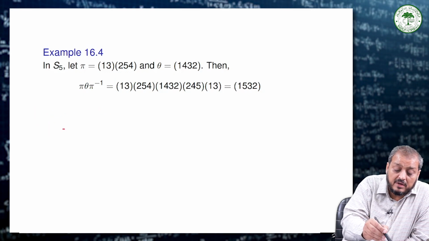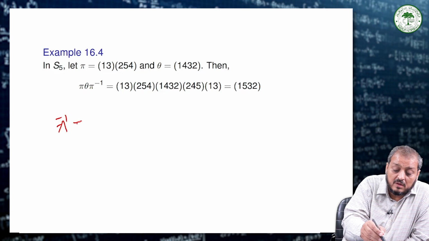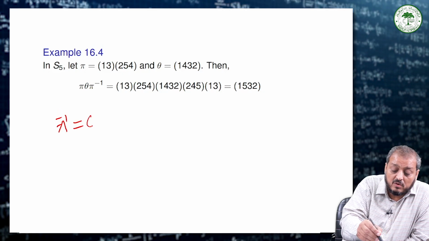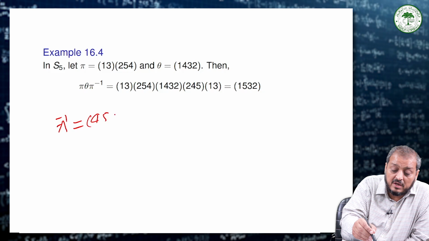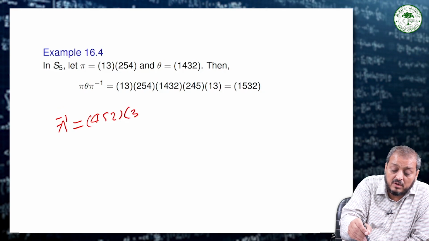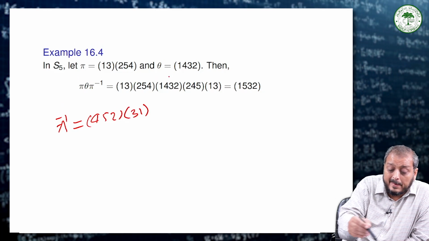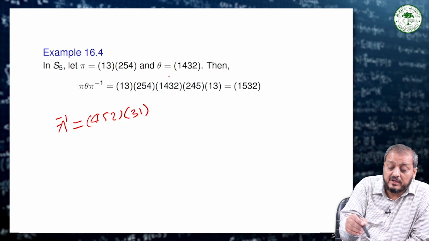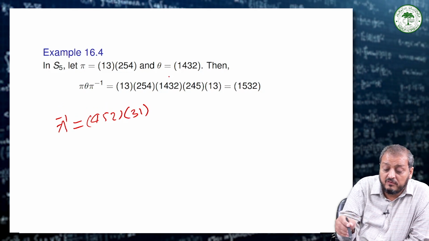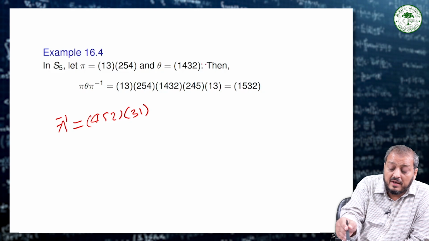Pi inverse can be written as (4 5 2)(3 1), and then we calculate in this form.